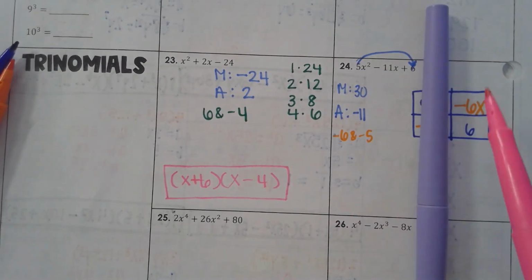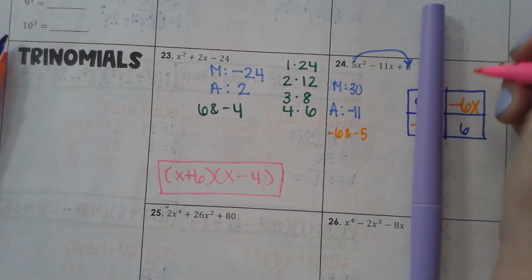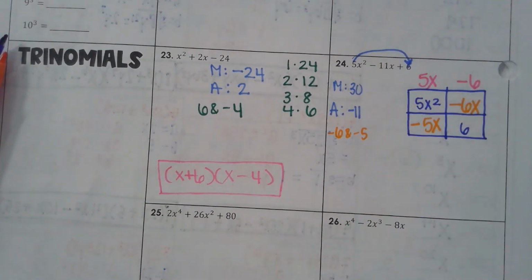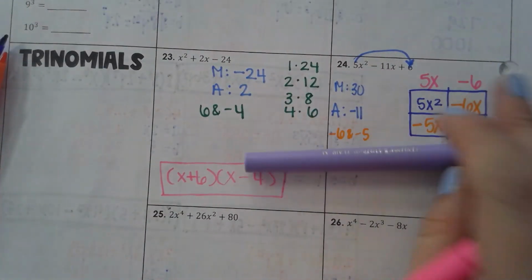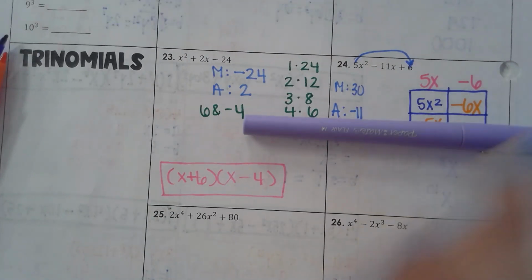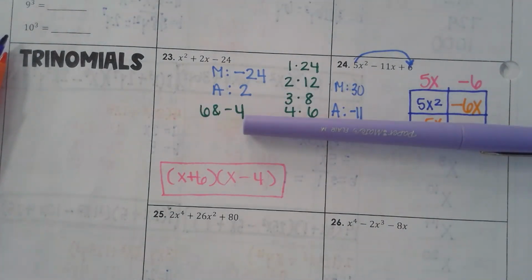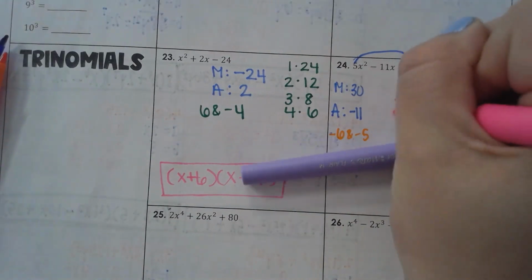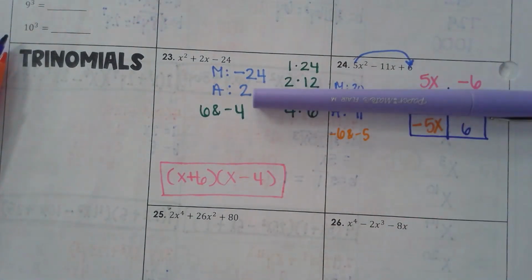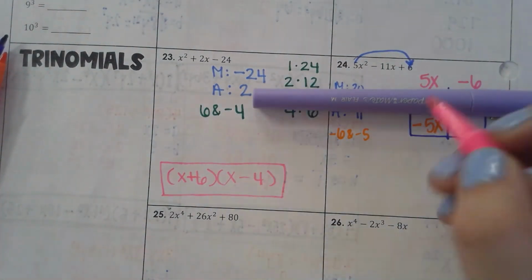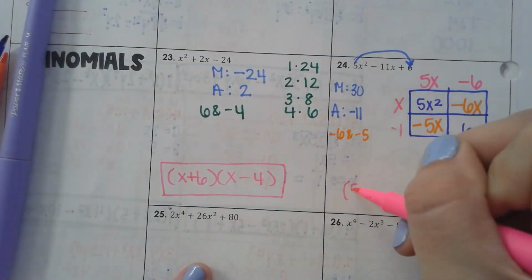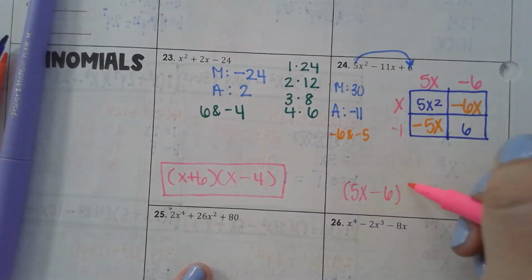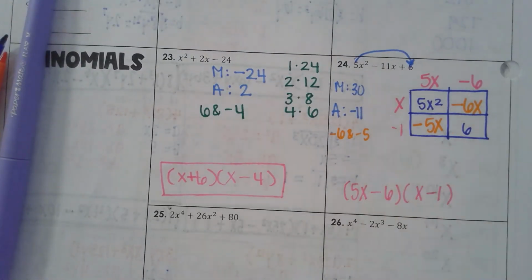But remember, if the very first one is negative, you've got to put negative 6. And then, what's the GCF of that row? Just x. The only thing they have in common is an x. What about that one? Negative 1. Good. So 5x minus 6, x minus 1.